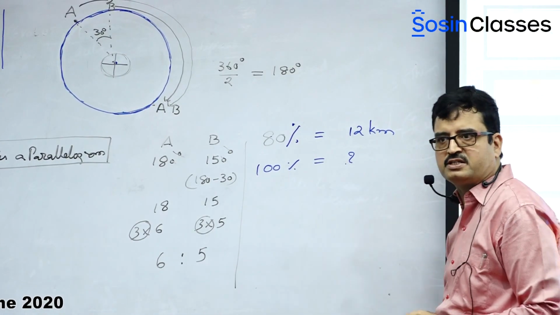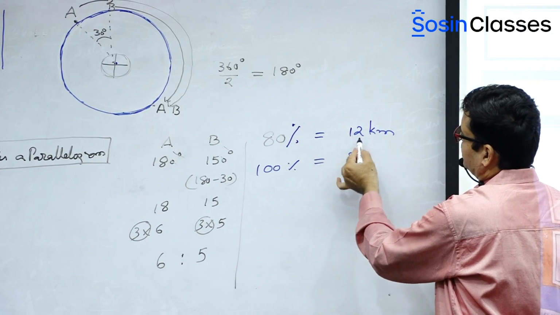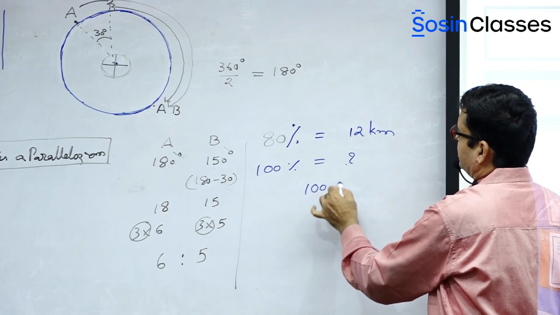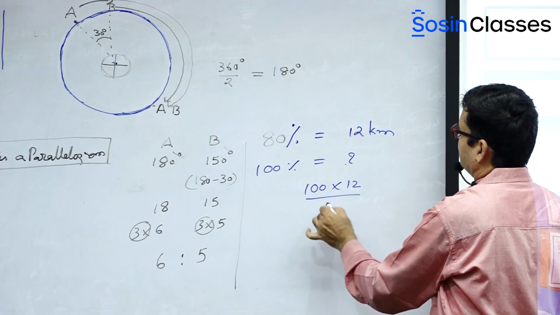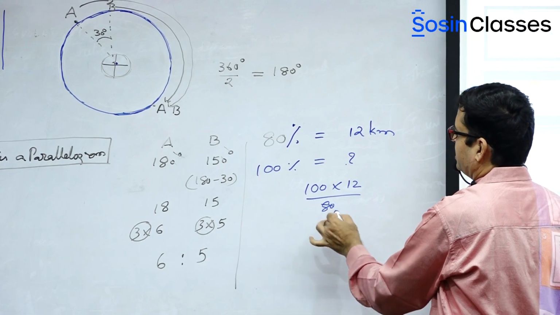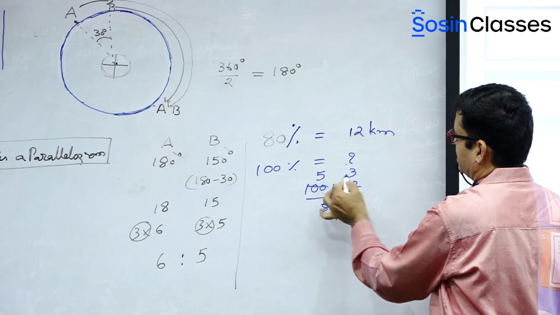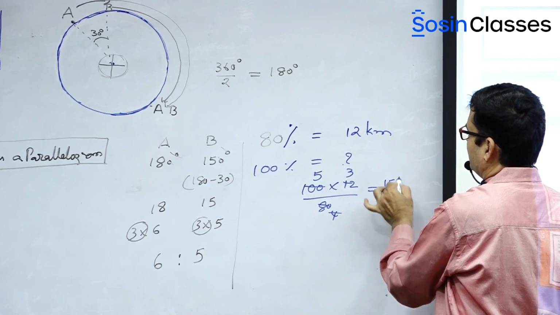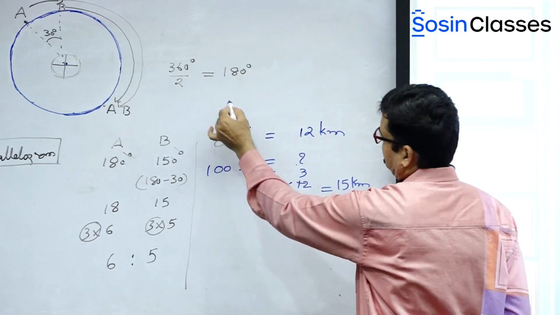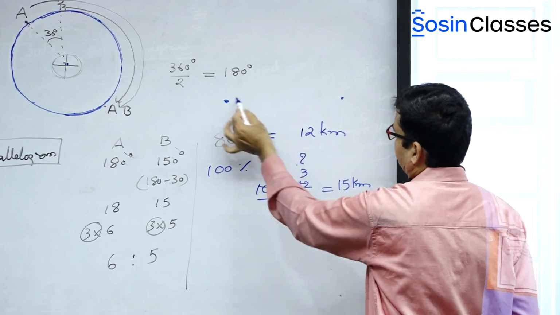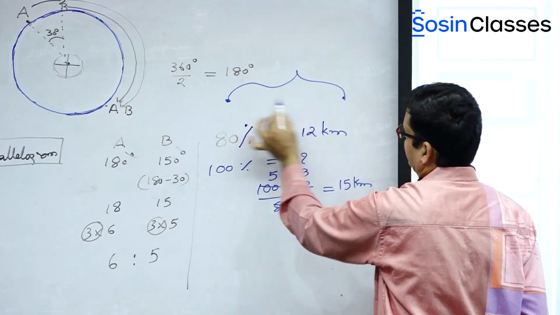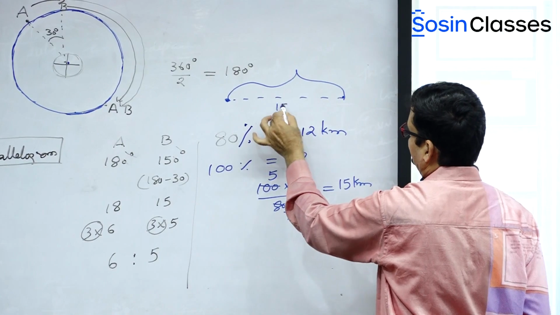It's a simple way of understanding it. So just go for cross multiplication. 100 into 12 by 80. 4 goes 3 times in this, 5 3s are 15 kilometers. So the distance of the race is 15 kilometers.